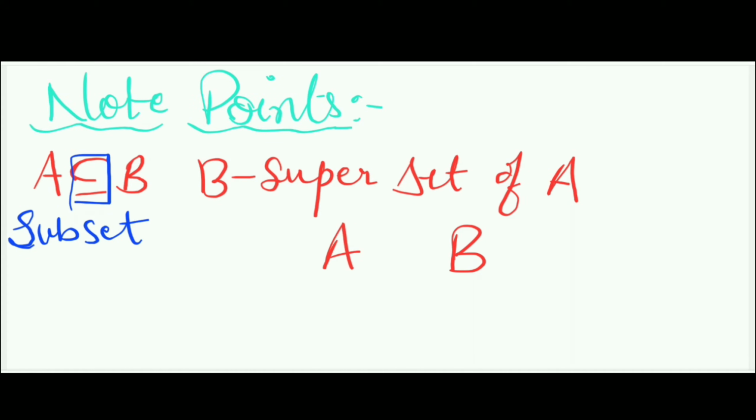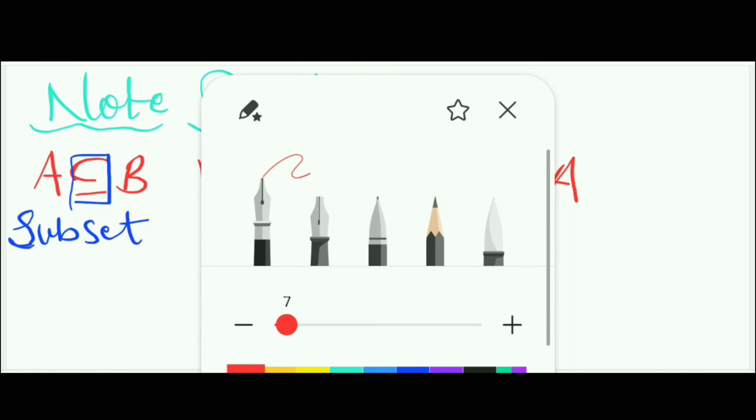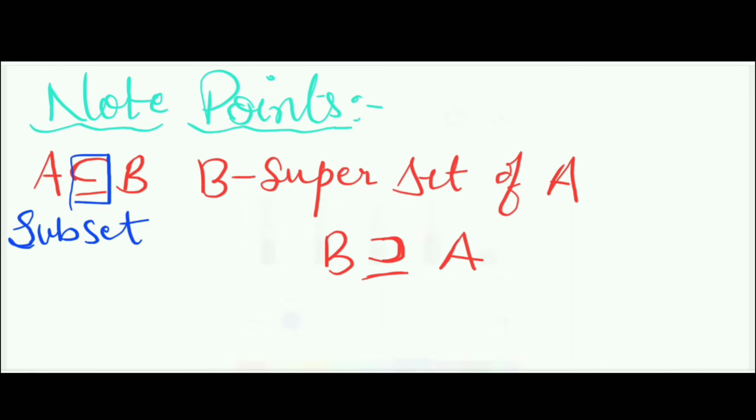A and B will be in the same places, but the symbol will be reversed. Every time it is pointing towards B itself, just the order will change. Here A and B, here B and A, that's it. Every time it has to point towards B itself. That's a way you can remember it actually. So this one, if it is like this, it is the superset.